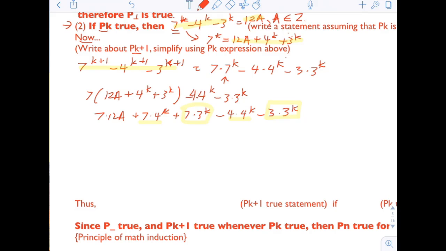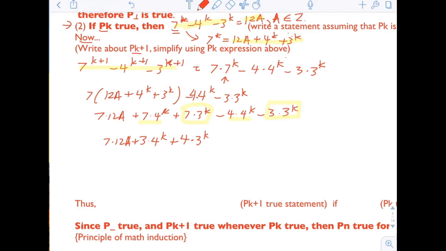They're like terms. So I'm going to add the underlined yellow like terms. So 7 minus 4 would be 3 times 4 to the k. Now I'm going to do the yellow box terms. 7 minus 3 is 4 times 3 to the k. And that's times this, okay?